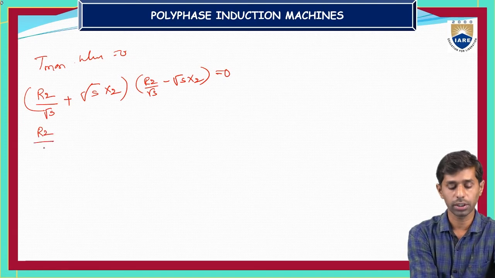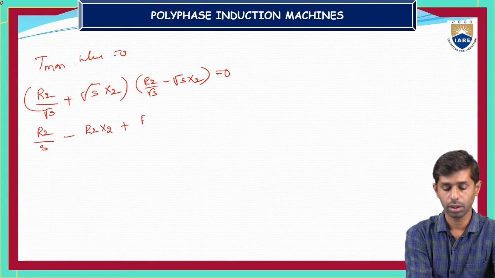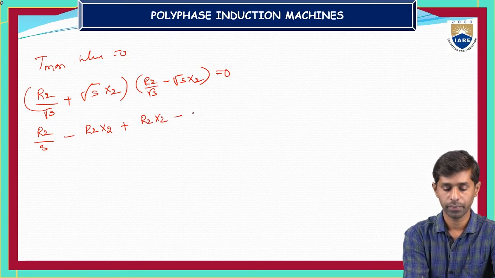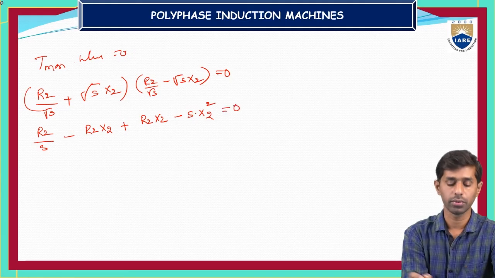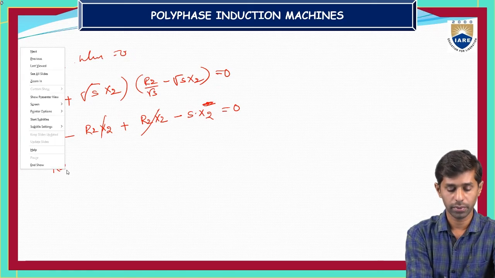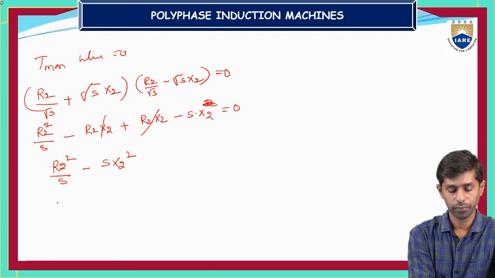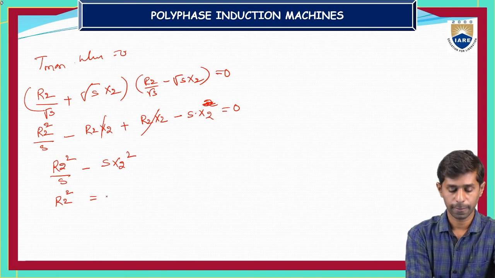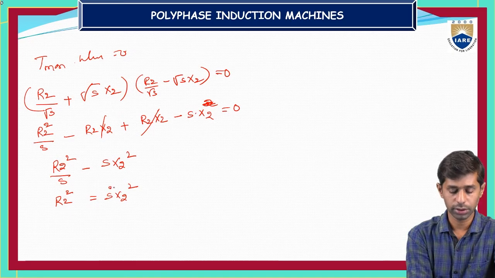R2 into R2 by square root S, that is R2 square by S, minus R2 X2 plus R2 X2 minus S times X2 square equals 0. The R2 X2 terms cancel. So R2 square by S minus S times X2 square equals 0, giving R2 square equals S square times X2 square.